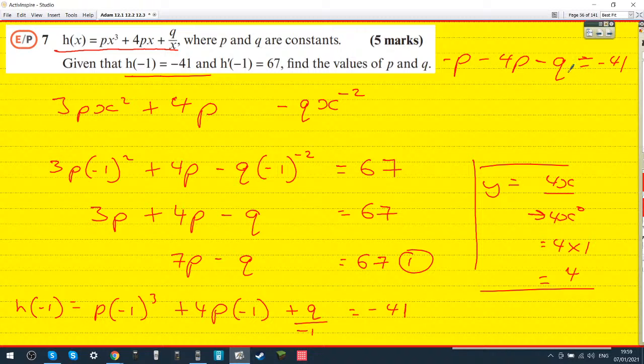And then you can simplify. So it'd become minus 5p minus q equals minus 41. Then can you solve it as a simultaneous equation? Well done.